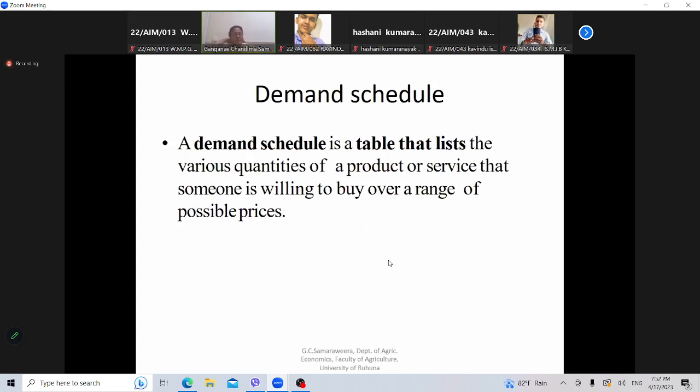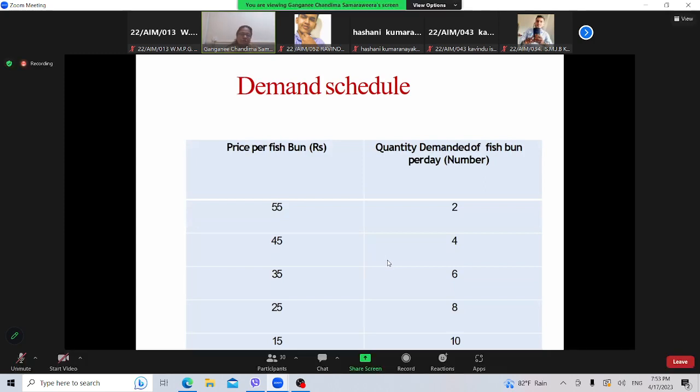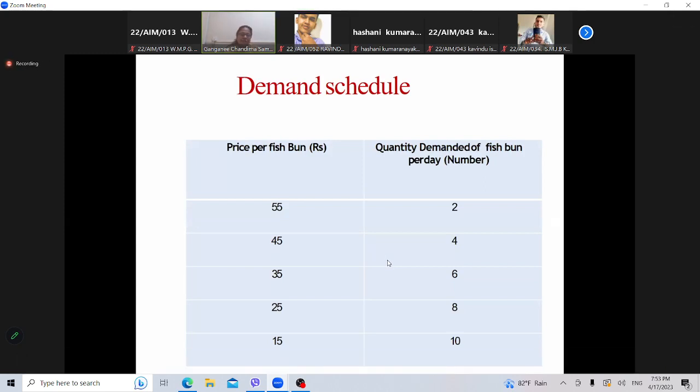Now we will see the demand schedule. That is nothing but just a table that lists the various quantities of a product or service that someone is willing to buy over a range of possible prices. Let's say price per fish bun, and here quantity demanded.